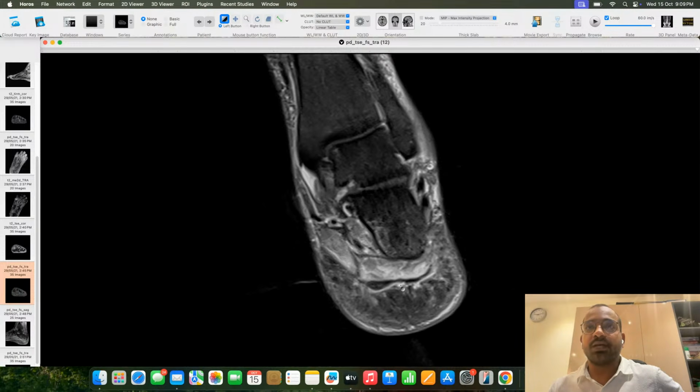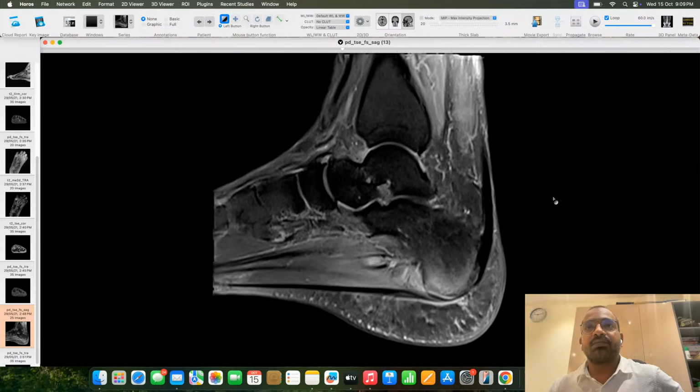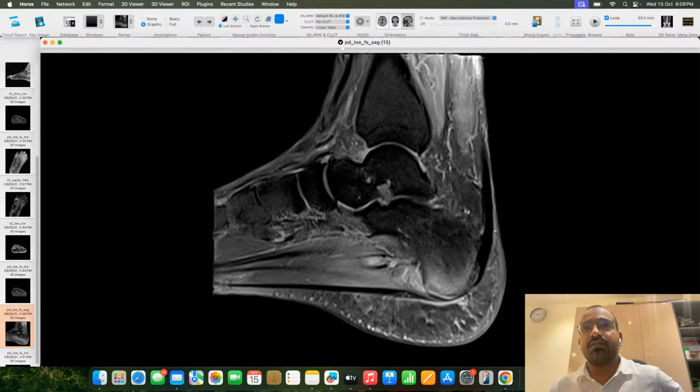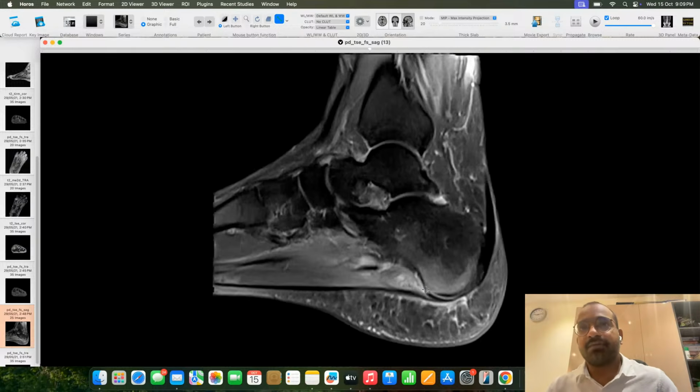What is this structure? This hypointense structure is a plantar fascia. So if you see, the plantar fascia is fusiform and thickened. It is usually flat like this, but if you see here, it is fusiform and thickened. Plantar fasciitis, so it is at the insertion of the calcaneum.